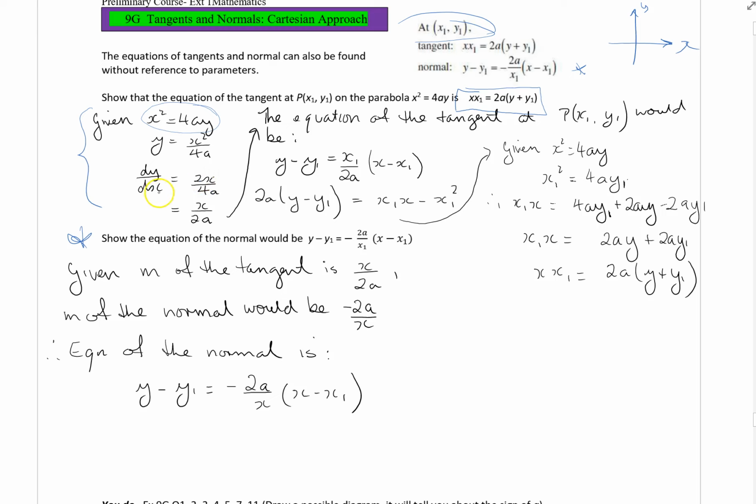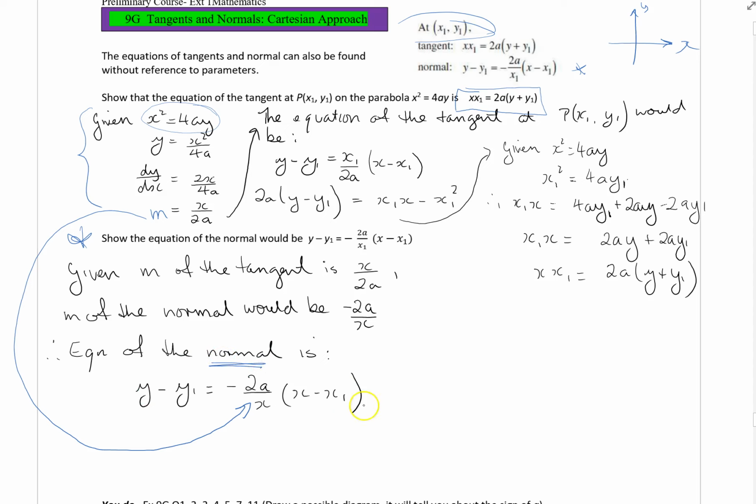So we've got 2x over 4a, and the 2 and the 4 simplify. The gradient of the tangent is x on 2a. That then gives me the gradient of the normal, which is perpendicular: minus the reciprocal. And that's where your minus 2a over x comes from for the normal.